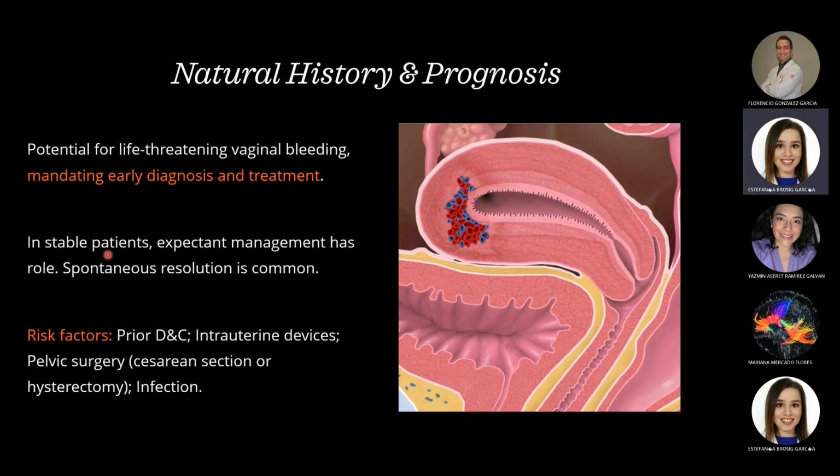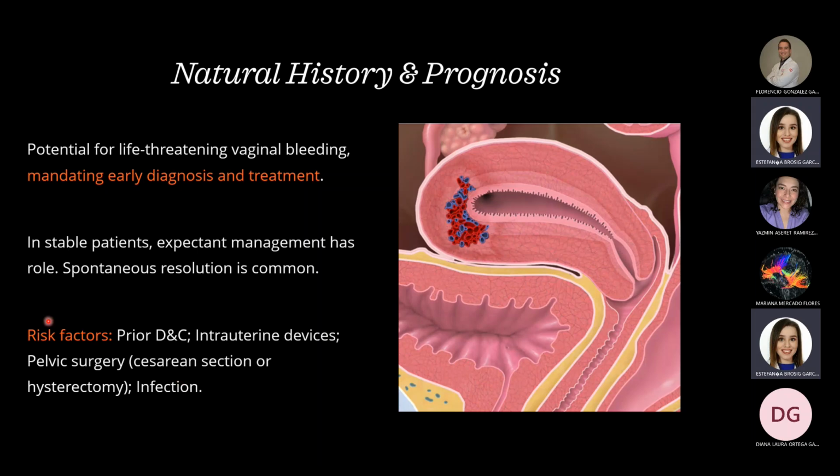The risk factors are prior dilatation and curettage, intrauterine devices, pelvic surgery, C-section, or hysterectomy. Infection is the most common risk factor for this disease. We can see in this sagittal graphic a uterine arteriovenous malformation at the level of the fundus of the uterus. Note the spongy appearance of the involved myometrium.